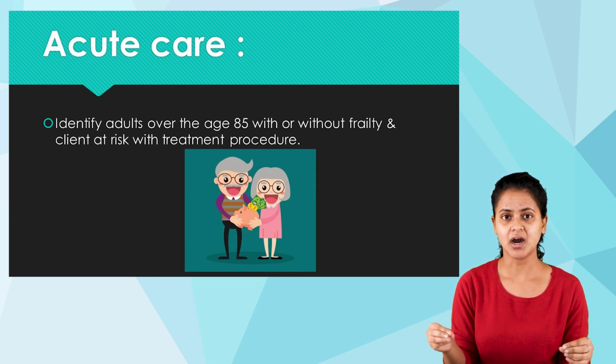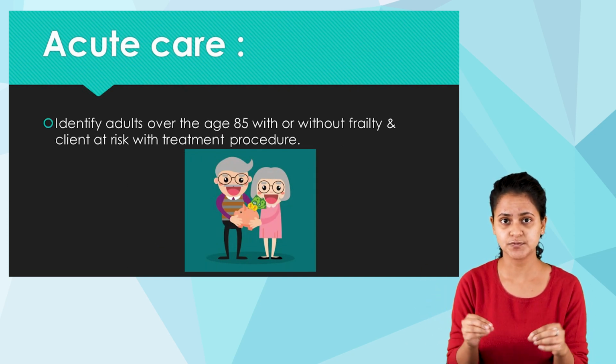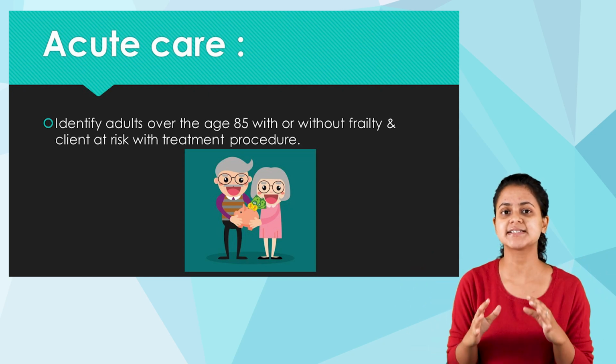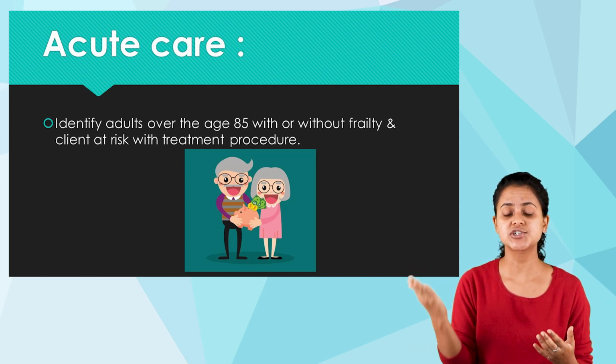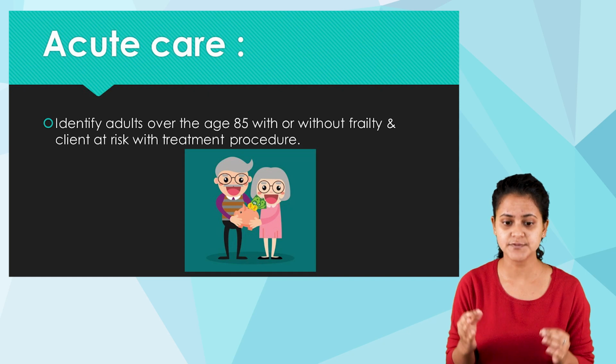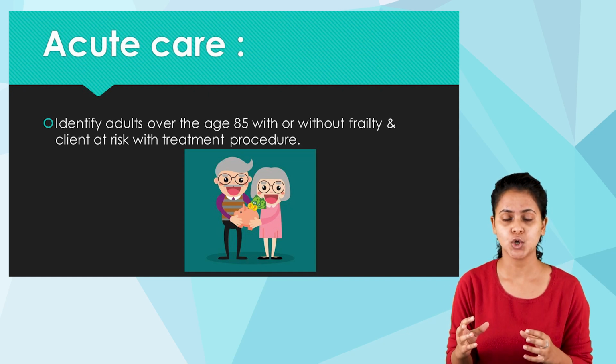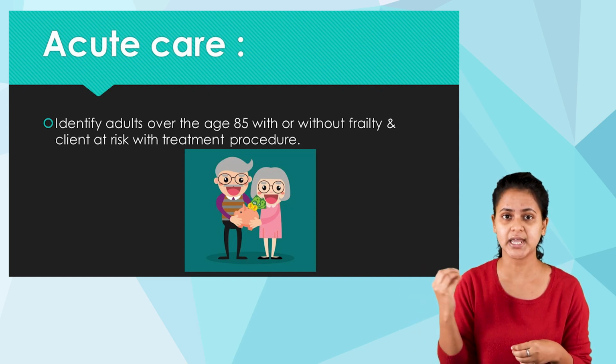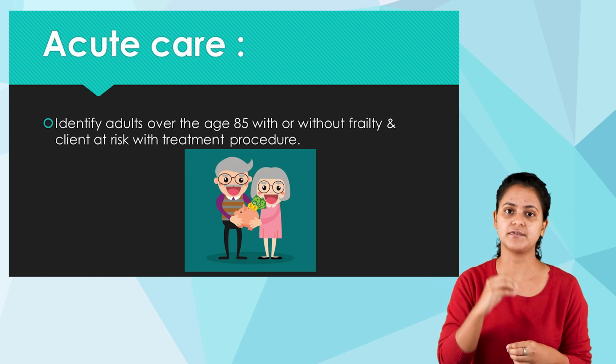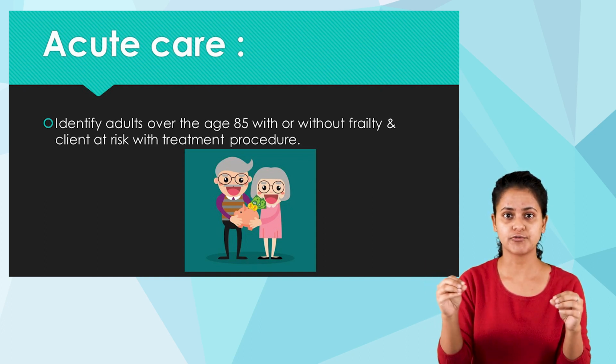Now, if a geriatric client is present within a hospital setup, they definitely need acute care, which includes identification of adults over 85 years of age with or without frailty.